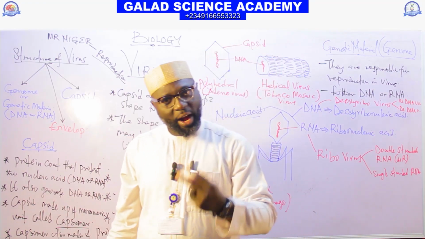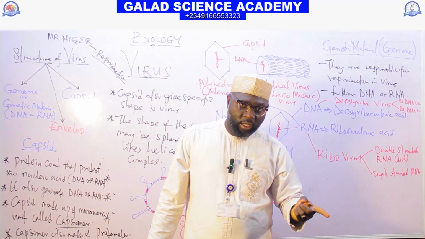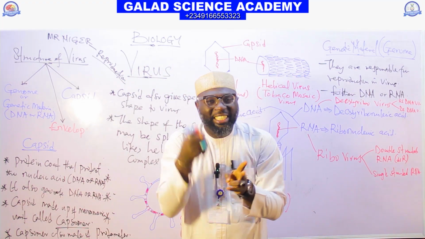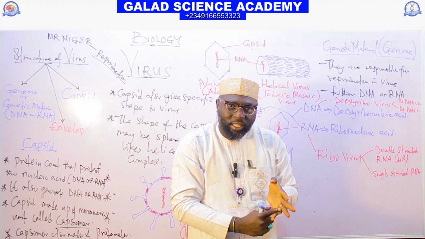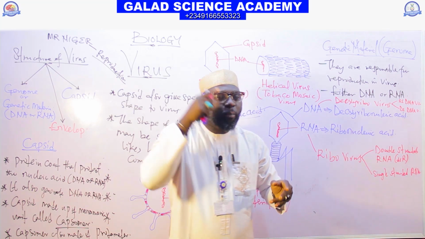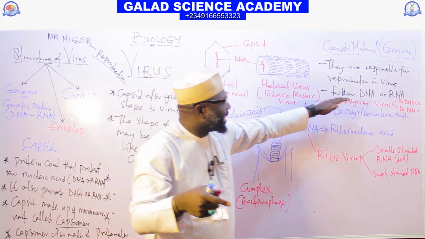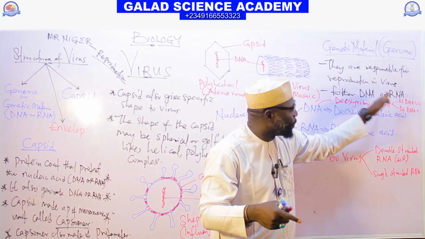DNA and RNA. Viruses that contain RNA are called ribovirus, which vary into two parts: single-stranded RNA virus and double-stranded RNA virus. But any virus that contains DNA is called deoxyribovirus.